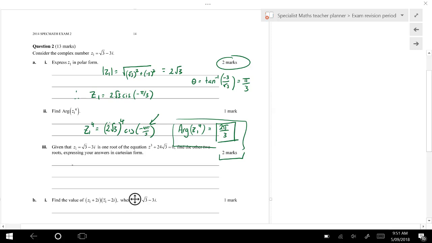Just to please the examiner, we can say Z1 is equal to root 3 minus 3i, and Z2 is equal to root 3 plus 3i, and I could even say conjugate root theorem. That'll show them that you know what you're doing. And then Z3 is equal to minus 2 root 3. No need to show any working there. You've got two other things, so I guess one will be an answer mark for each.